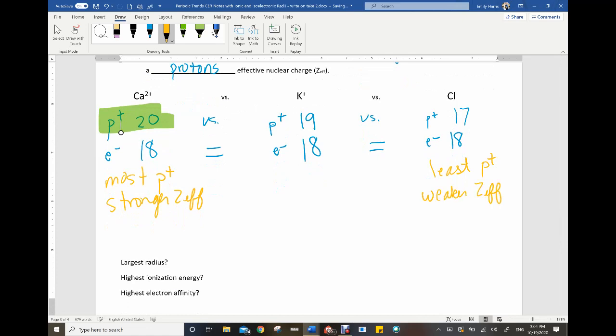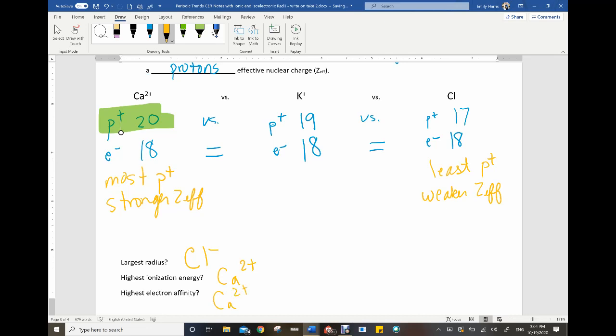So if we were to be asked about some trends, the largest radius would go to the weaker atom, such as chlorine. It's going to be weaker, less able to hold in those electrons. The highest ionization energy would go to the strongest atom, which is our calcium 2+. It's going to be more difficult to remove its electrons. Same for electron affinity.